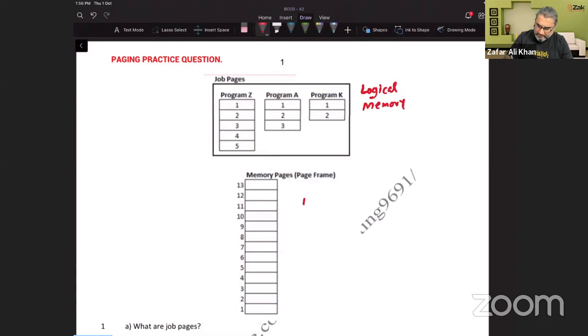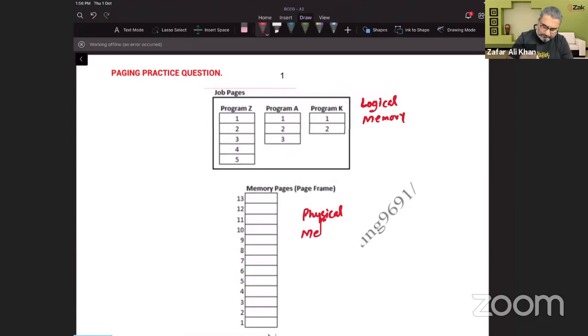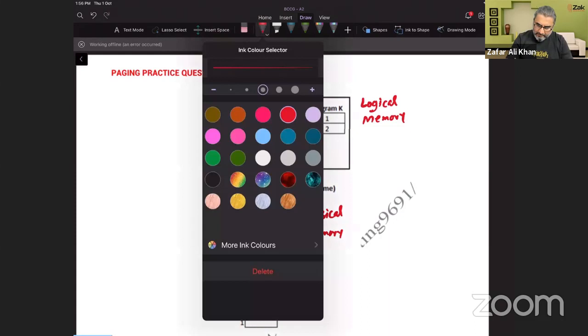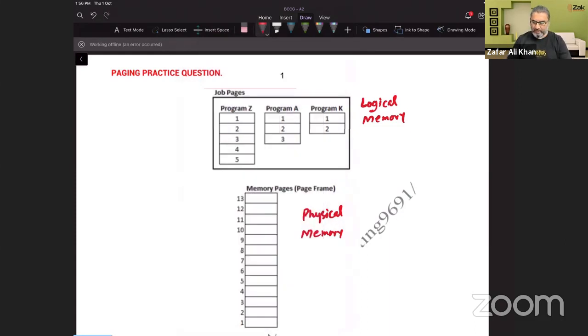These are physical memory pages. These are logical and these are physical memory pages. And there are three programs, Z, A, and K, which we require to fill in this memory page.